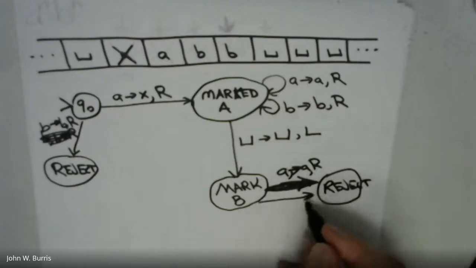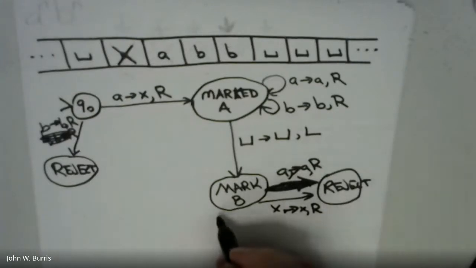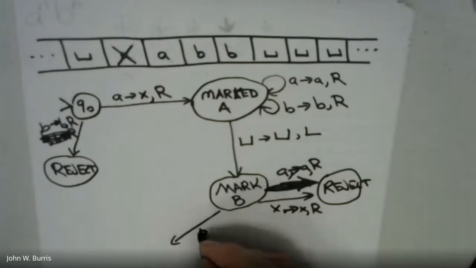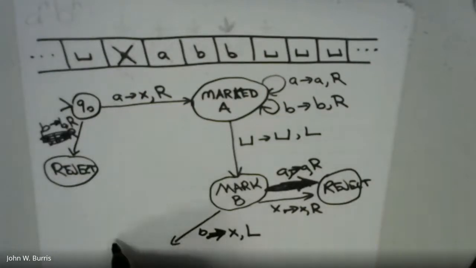If there's an X there, I want to reject. But if there is, in fact, a B right there, I want to read in that B, write an X, and move to the left. And the state I'm going to bring us to is going to be marked the B.